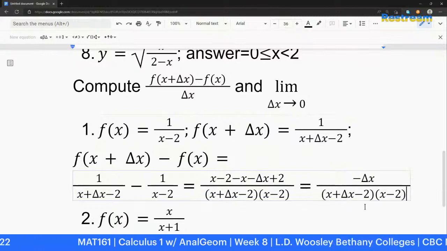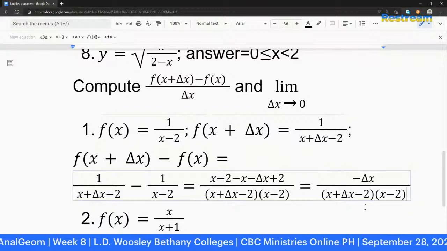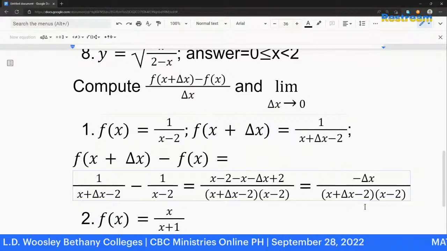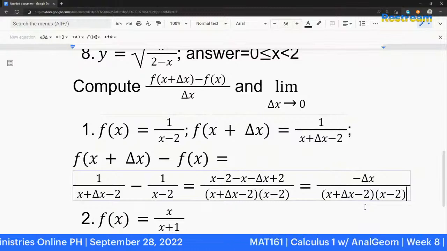Tapos divided by delta, so may iwan sa numerator negative 1. Tama? Pag divided by delta pa.